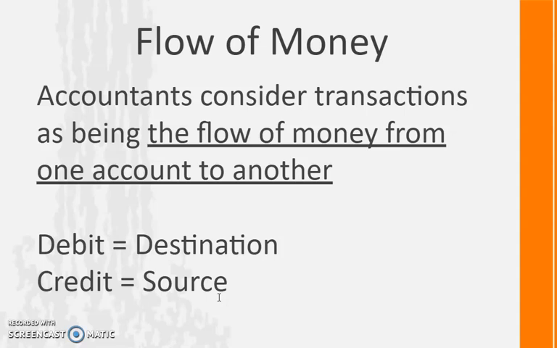There's no way to magically create money out of anywhere. And there's also no way to magically delete money out of nowhere. If you were to do that, you would have an unbalanced accounting equation, and you would also have an unbalanced T account. So you always have one destination and one source.